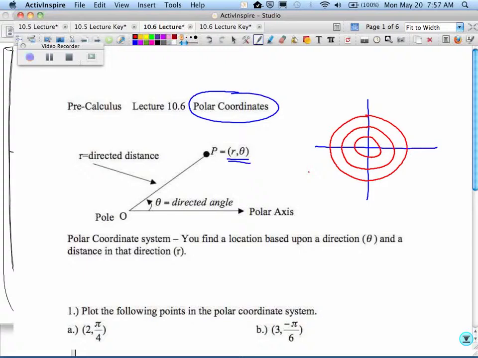That's what polar coordinates are doing. So the very center is called the pole, and this is called the polar axis, the positive x-axis. So a few vocabulary things, but the big thing is remember that polar coordinates are r and theta.